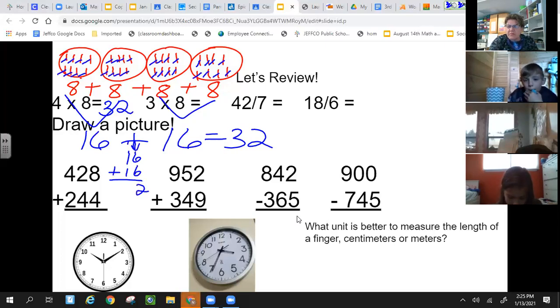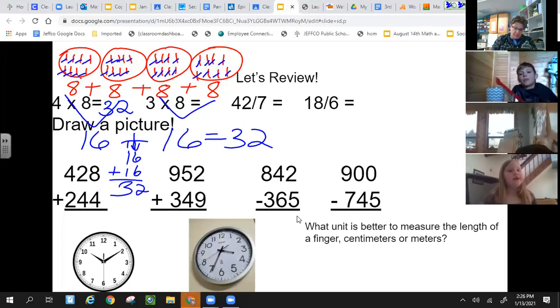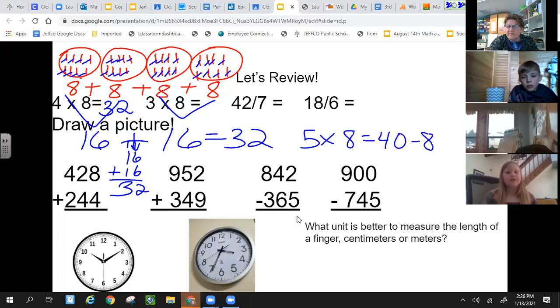Marin, I see you have your hand up. How I did it was if you know what 5 times 8 is, it's 40. Then you take away 8 from 40. And why does that work?